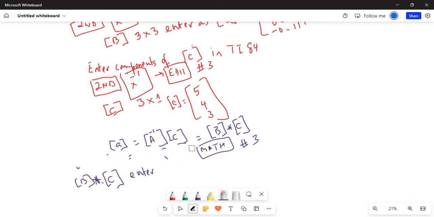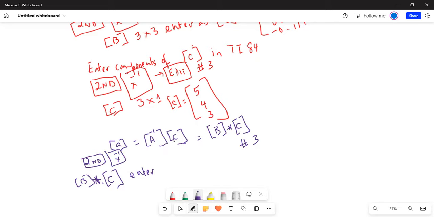So we have to do matrix multiplication, matrix B times matrix C, because B is actually matrix A inverse. So how do I do that? You'll press the second button, X inverse, then select number 2.